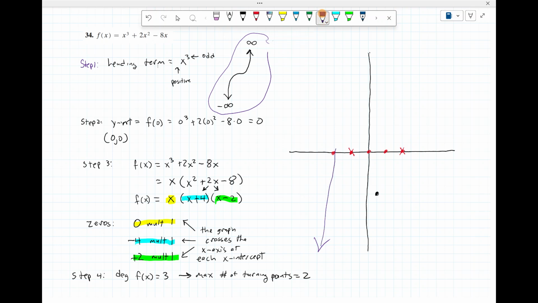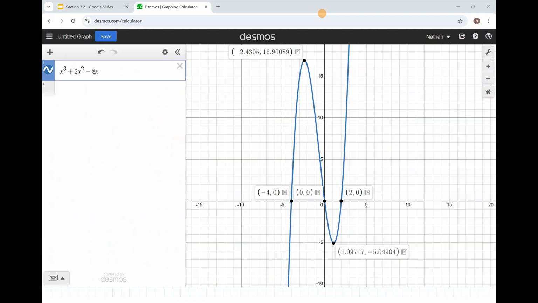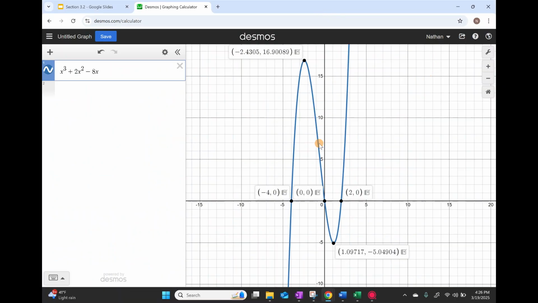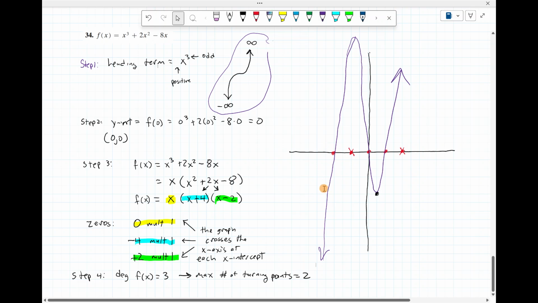I know this goes way up into the sky and comes down and goes back up. And again, it doesn't need to be perfect. The idea here is just to be able to sketch the graph, get a basic idea of what it should look like, and where it crosses the x-axis and the y-axis. This looks pretty close to what it's supposed to look like. It's not perfect, but it is definitely good enough for the purposes of this exercise.